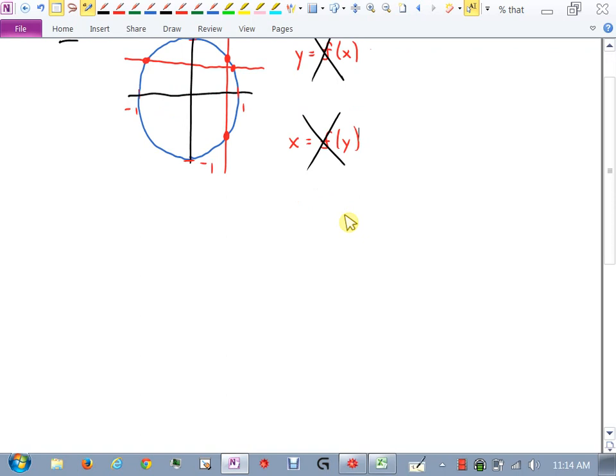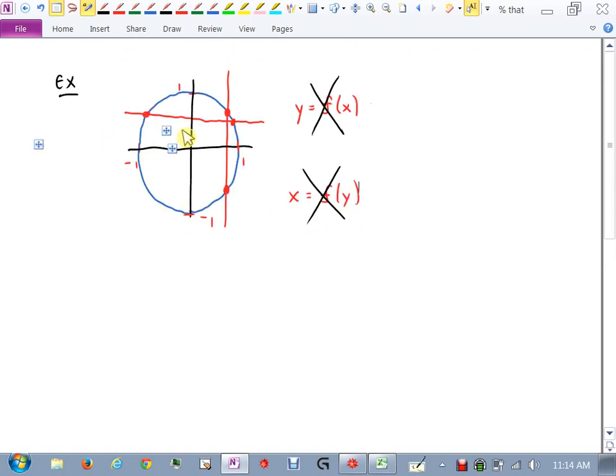The idea of a parametric curve or parametric equations is what we're going to use to be able to draw something and not have to worry about this whole vertical line test anymore, right? It's pretty much going to go away.